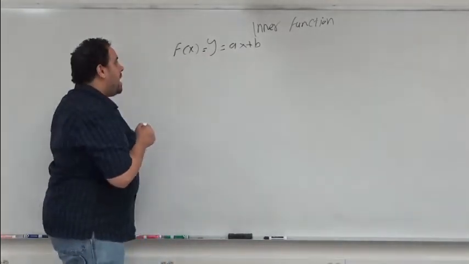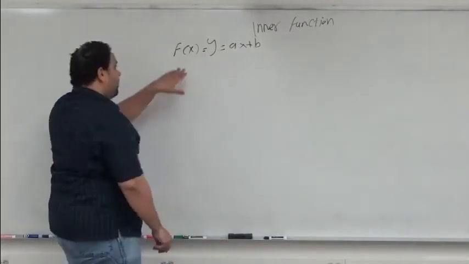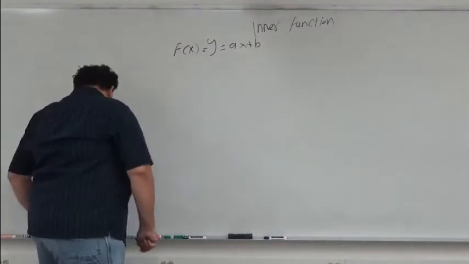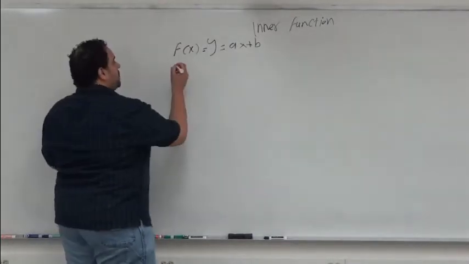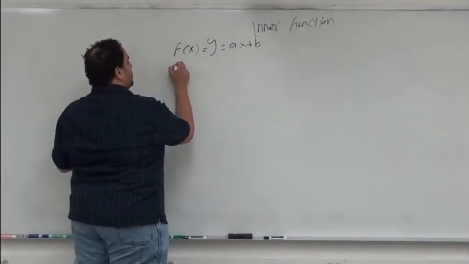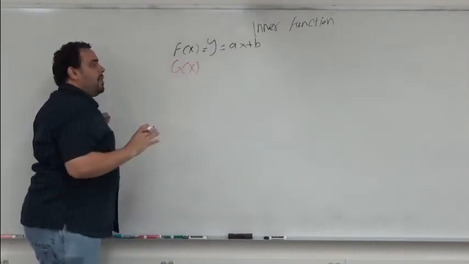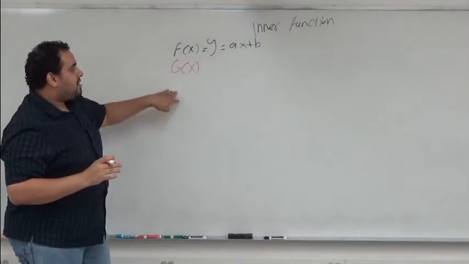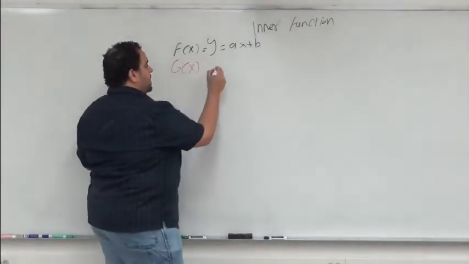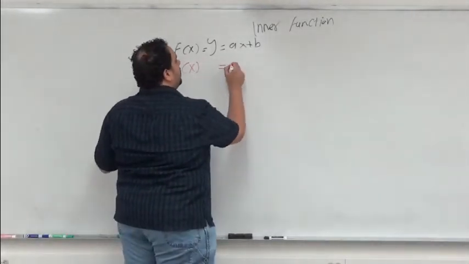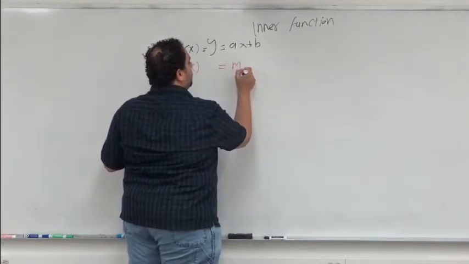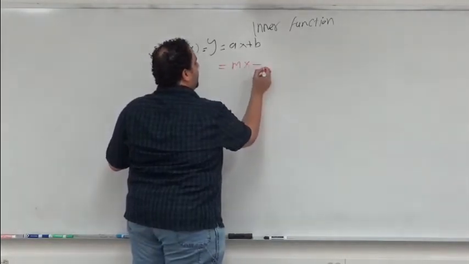Now when we have two functions, one of them f of x and let's say the other one g of x, right now we have two functions. One is f of x, the other is g of x, and let's say this one is equal to mx minus c.